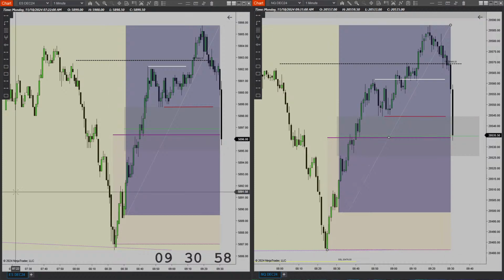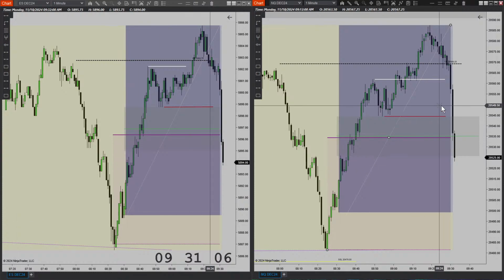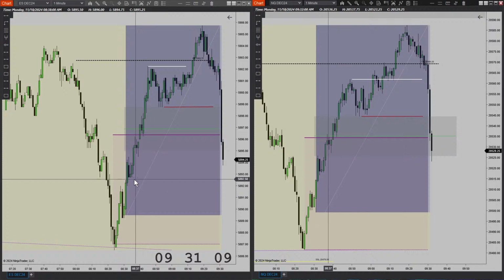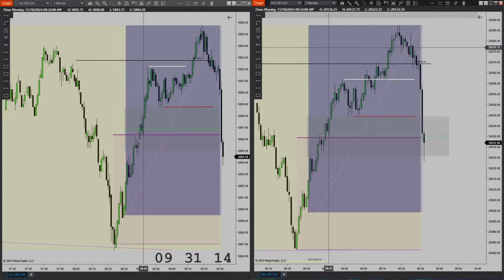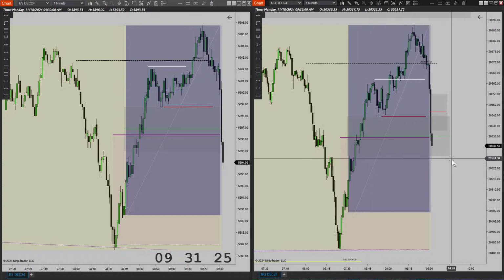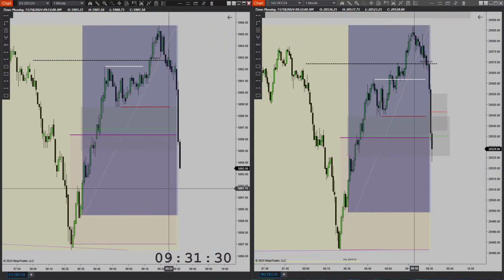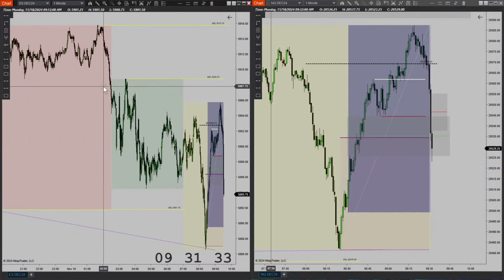Let's take a look at YM. YM is also drawing lower, but still nothing there. There it is. As you can see here, sellers were in control.